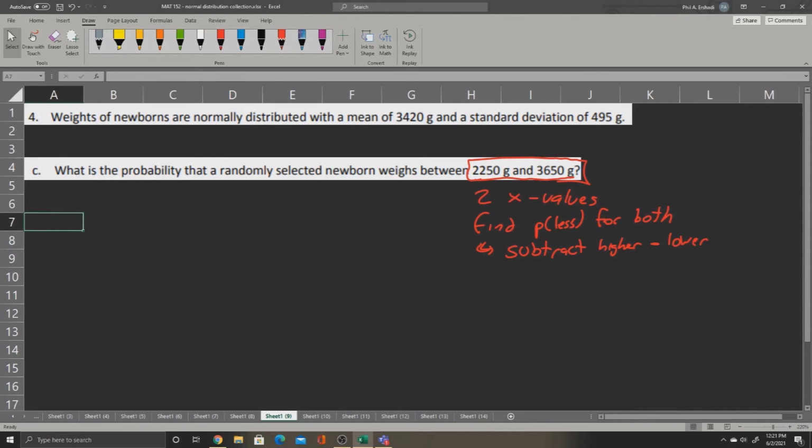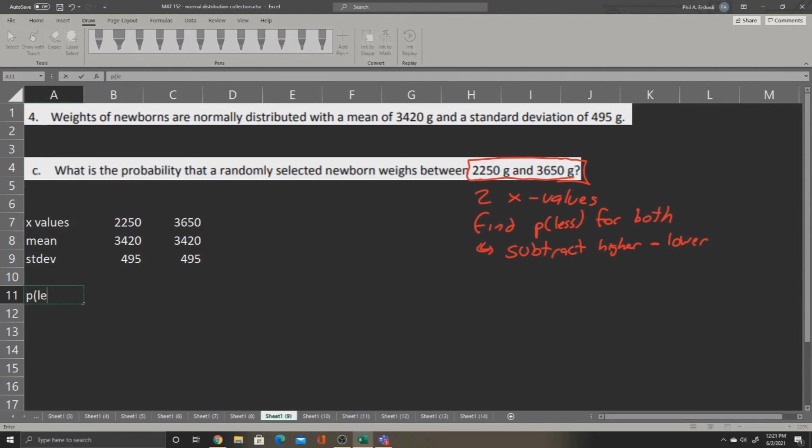So let's enter the x values we were given. We have 2250 and 3650. The mean will be the same for both of them, 3420. The standard deviation will also be the same for both of them, 495.